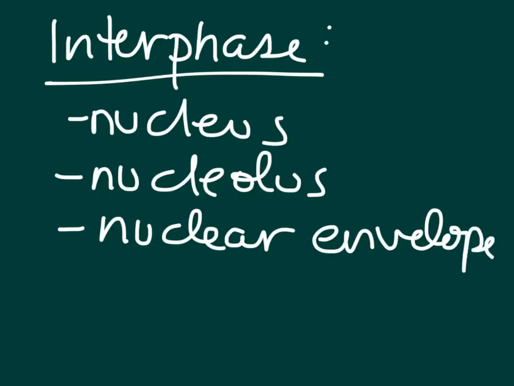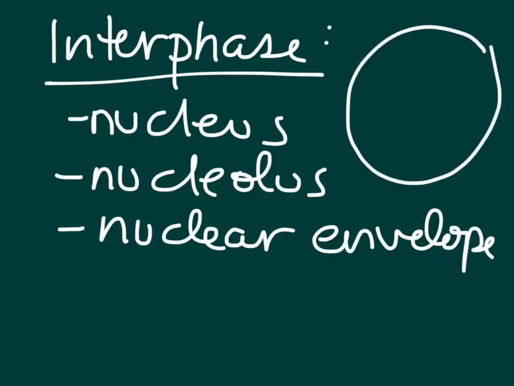So when we're looking at a cell in interphase, we'll draw an animal cell. How do I know what I just drew is an animal cell, by the way? Round. It's round. And it doesn't have a cell wall. So the question was, what's a nuclear envelope?